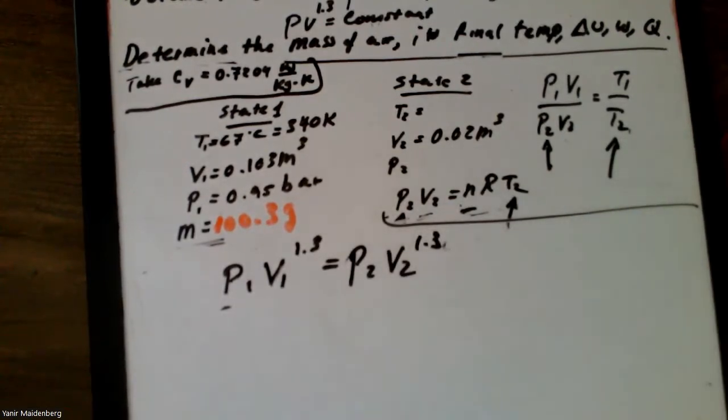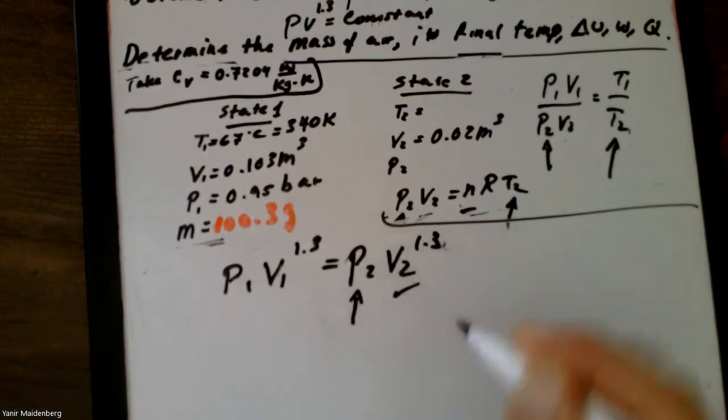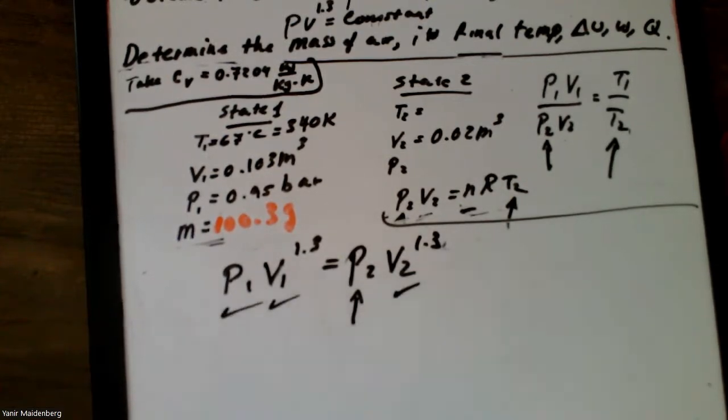Again, I will urge you to remember this is not an equation of state. This is only because it's undergoing a process. This describes the process that's undergone between state 1 and state 2. It does not describe the gas. It describes the process. So I am trying to find P2 because I have the second volume, I have the initial volume, and I have the initial pressure. And the units don't really matter as long as they're consistent.